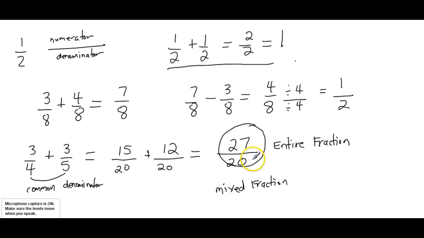Okay, so 27/20ths as a mixed fraction, 20 goes into 27 only one time, with how many remaining? So what is the difference between 27 and 20? Well, it's 7, and it's 7/20ths. 1 and 7/20ths. That is a mixed fraction. This is an entire fraction. This is a mixed fraction.